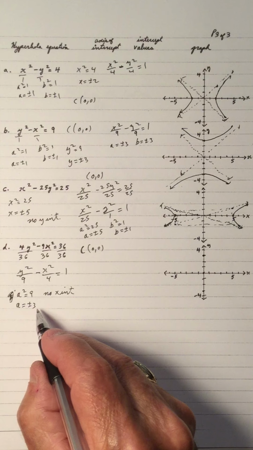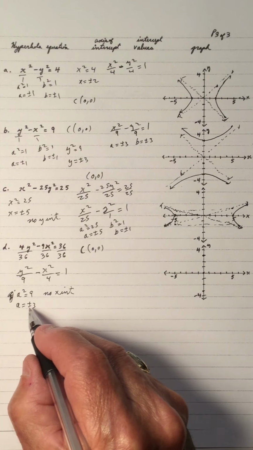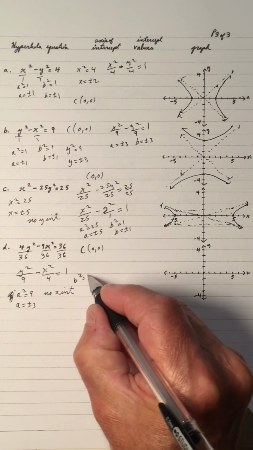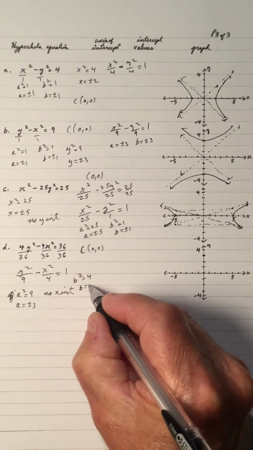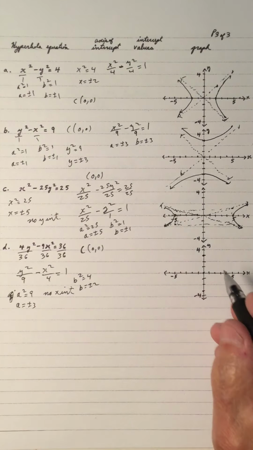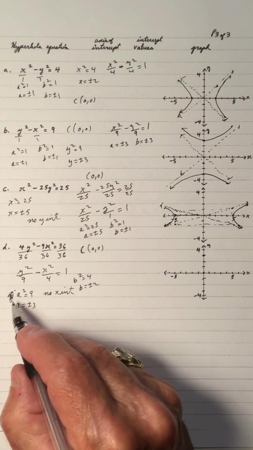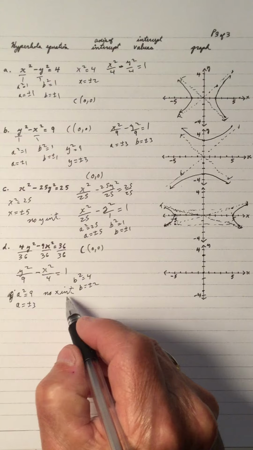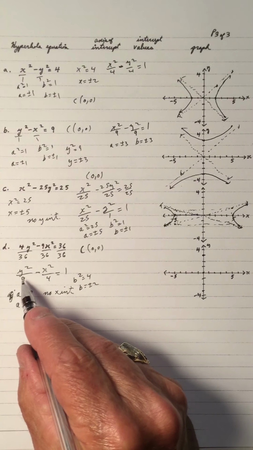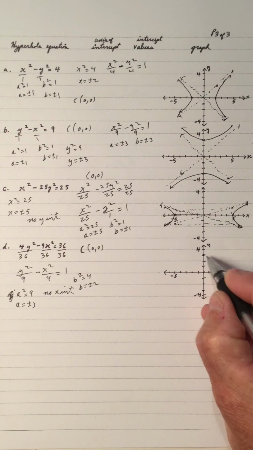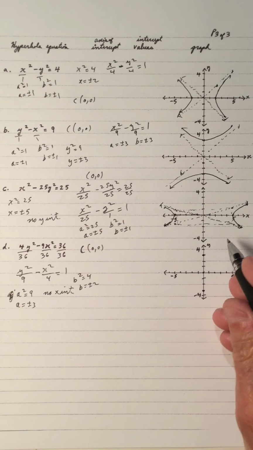And we have the y to be 3. We could do the b here. B squared is 4, so b is plus or minus 2. So we have no x-intercepts, and the y-intercepts are 3 and negative 3.